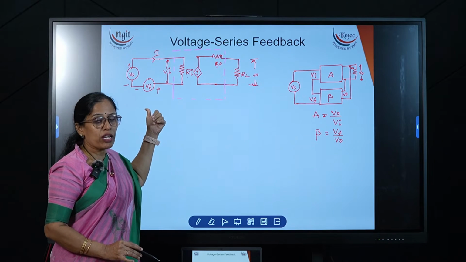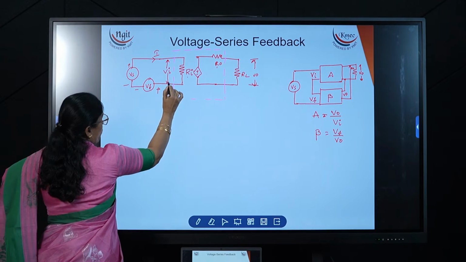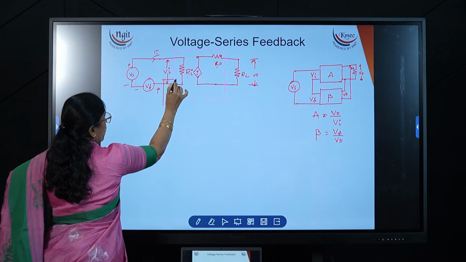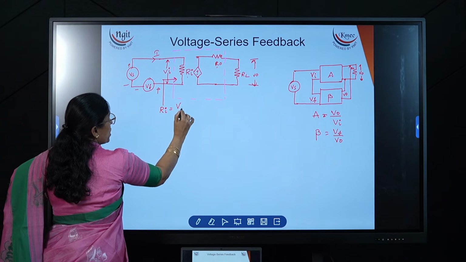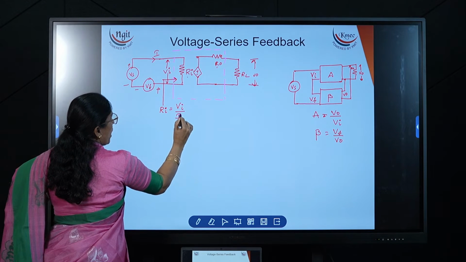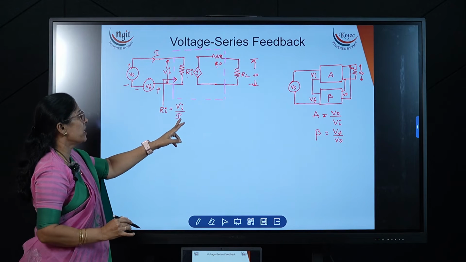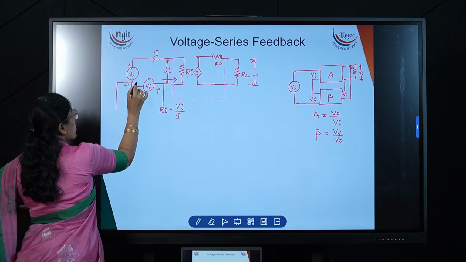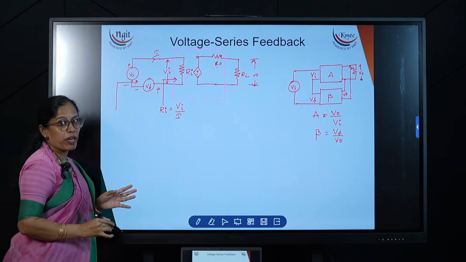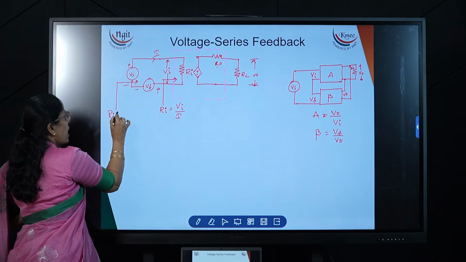Now we will see what happens with feedback. If I look into the amplifier from this point, Ri is equal to Vi divided by I, since the current in this loop is I. If I observe from this point, after the feedback, the resistance is called Rif.